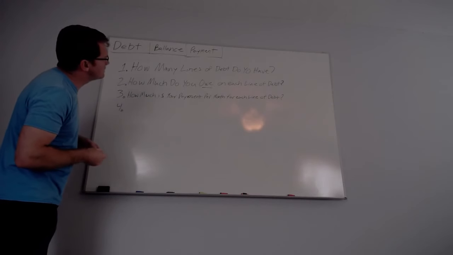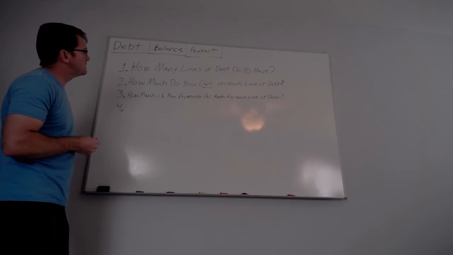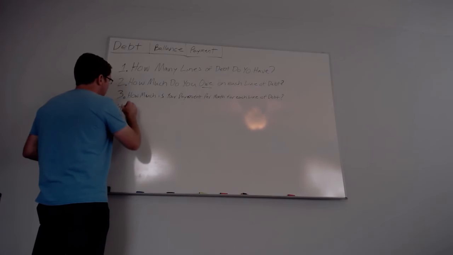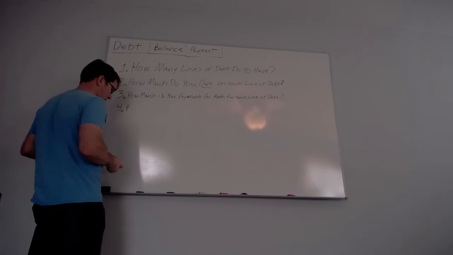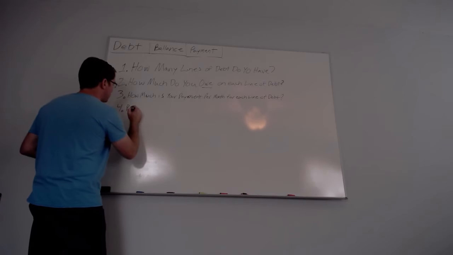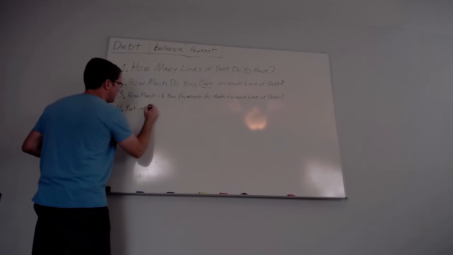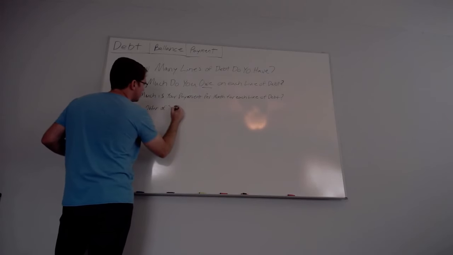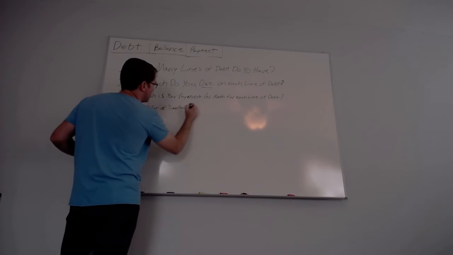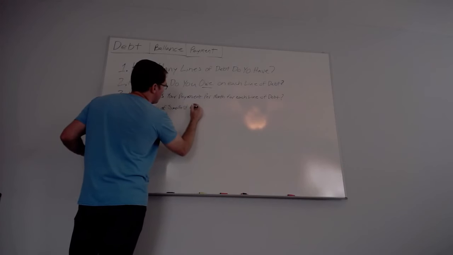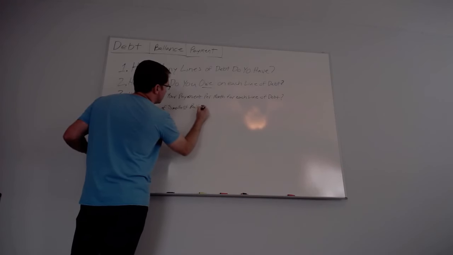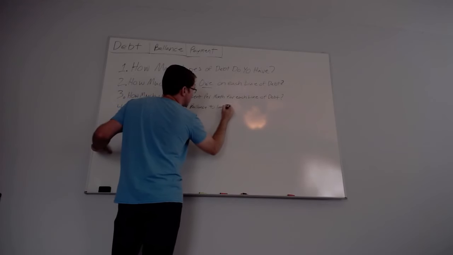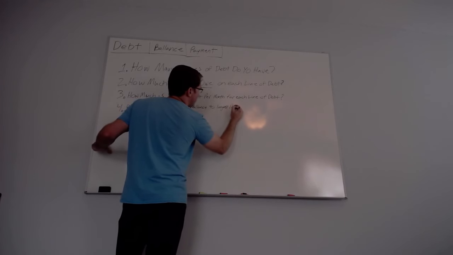Okay, and then I want you to categorize them. All right, put them all in order. Let's make a list, but put in order of smallest balance to largest balance.